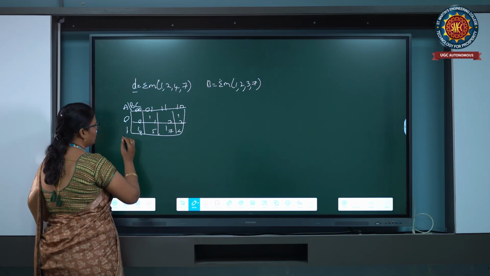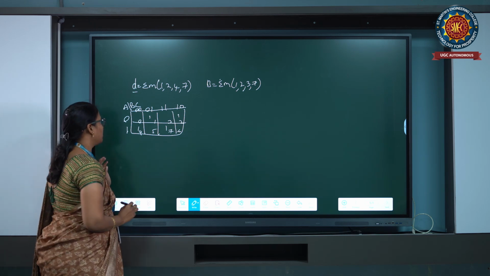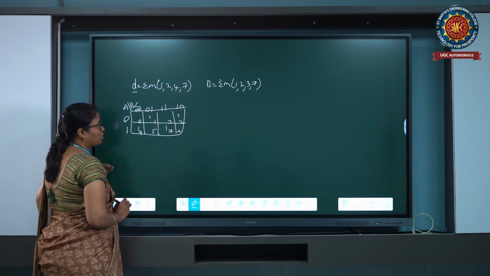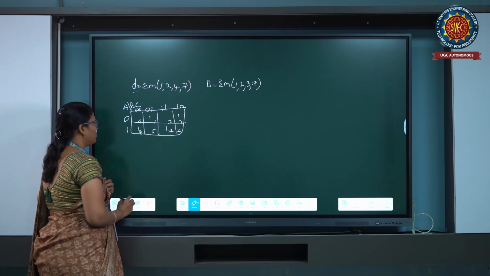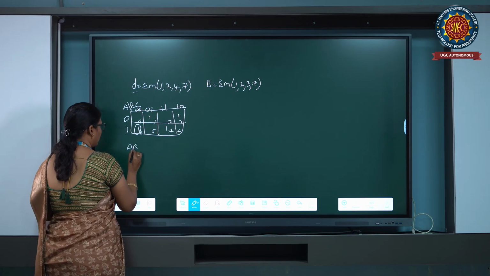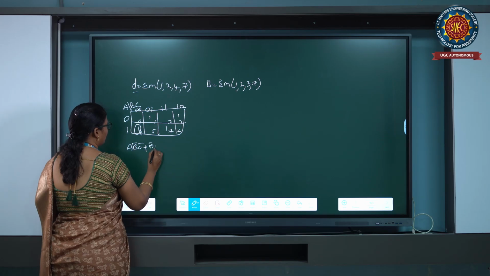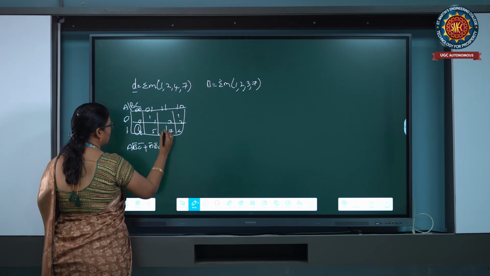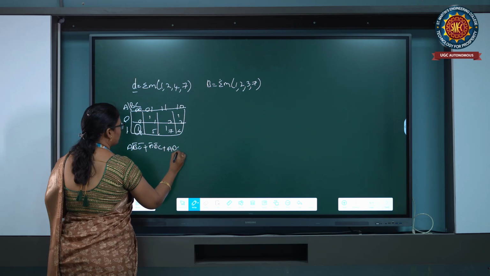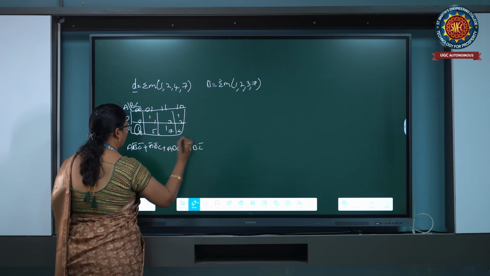If we consider this K-map, it is similar to the full adder, which is nothing but the XOR operation of the input variables. If we consider this, we get A B bar C bar plus A bar B bar C plus ABC plus A bar B C bar.